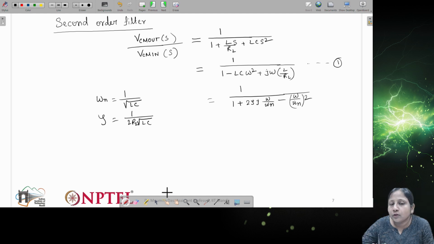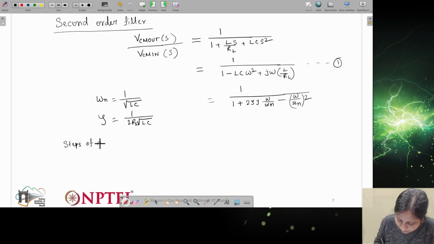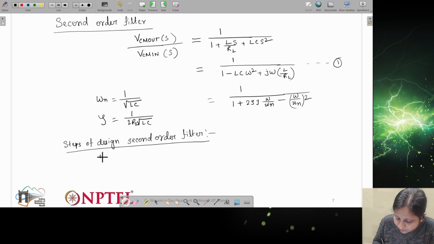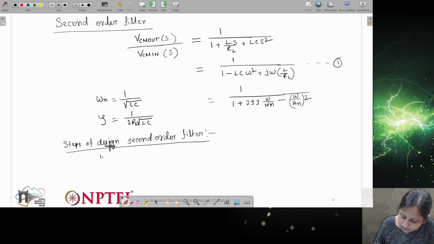So what we have to find out is the cutoff frequency, the frequency at which the attenuation is required.